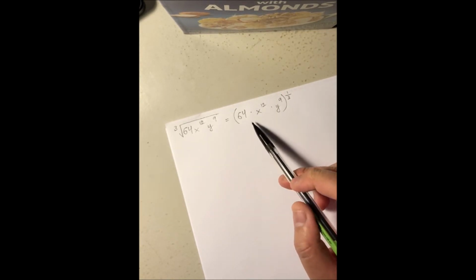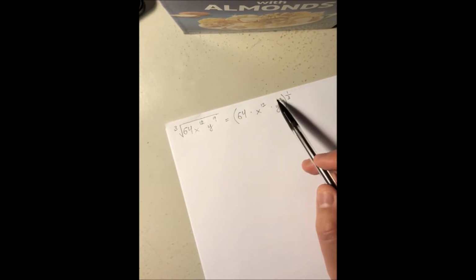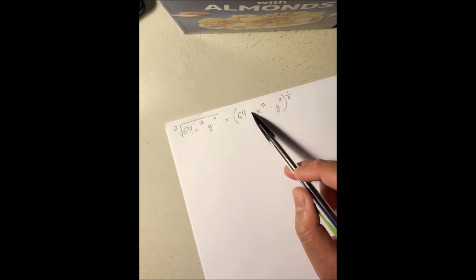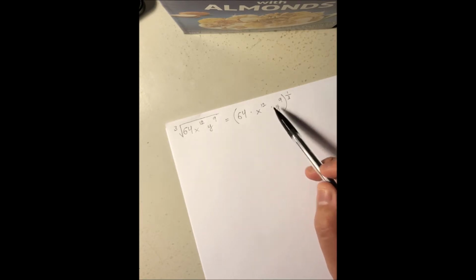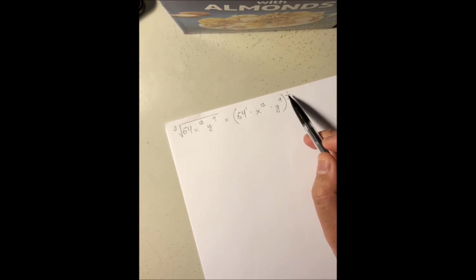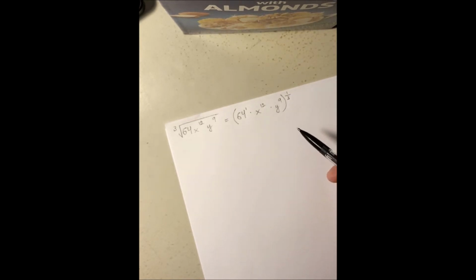At this step, if you take a look at the inside of the parentheses, you can see that there is only multiplication. And because there is only multiplication, we get to use one of the laws of exponents, and we distribute the outside exponent 1 over 3 to each of the ones on the inside, okay? So that means we take 1 over 3, we distribute it to the invisible 1 of the number 64 here, and then to the 12 of the x, and then to the 9 of the y, okay?